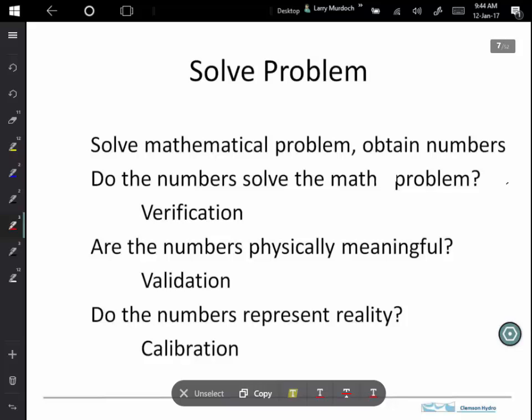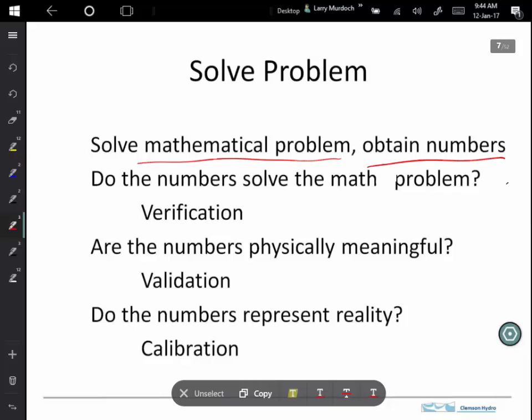The next step, though, after we've done the setup, is to solve the problem, and we'll use some numerical techniques to solve the problem. Hopefully it will be quite clear that we're solving a mathematical problem, and then we'll obtain some numbers.